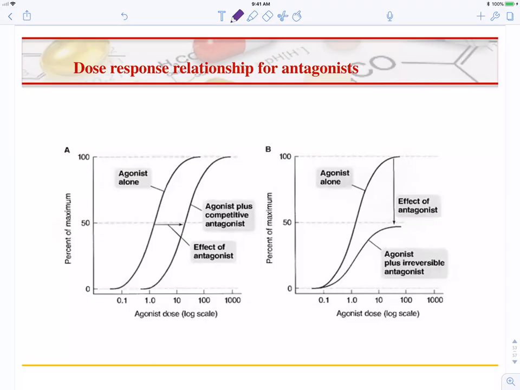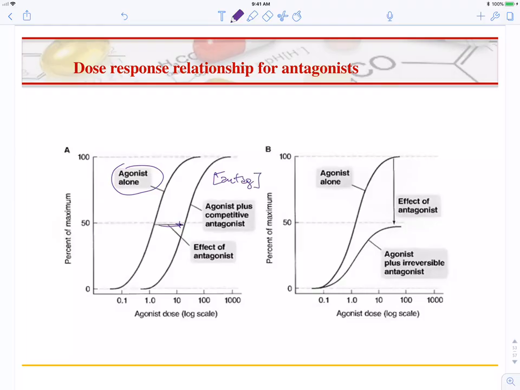So let's look at the same dose response curves for antagonists. What we do is basically look at a dose response curve for an agonist, and see how much this curve is moved to the right in the presence of a given concentration of antagonist.